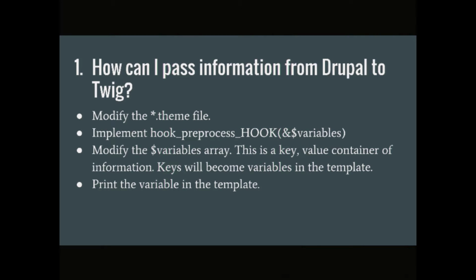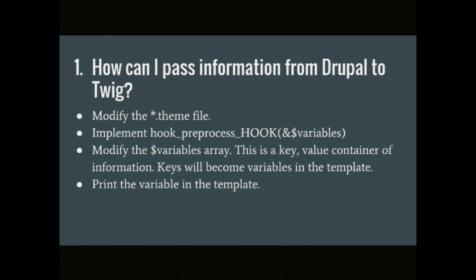Let's go to the recipes themselves. The first one: how can I pass information from Drupal to Twig? The recipe is as follows. You modify the .theme file. Every theme can have a file within its folder; if your theme is called pistachio, then you have a file called pistachio.theme. You modify that file and implement hook_preprocess_HOOK.